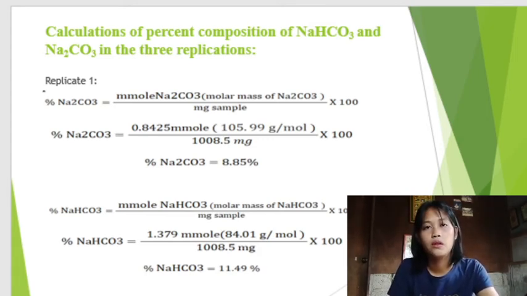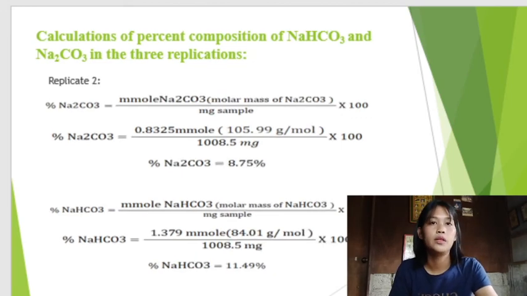To compute the percent composition of sodium bicarbonate in replicate 1, millimoles of sodium bicarbonate multiplied by the molar mass of sodium bicarbonate, all over the milligrams of the sample, which is 1008.5 milligrams, times 100. So we get the percent composition of sodium bicarbonate equal to 11.49%.